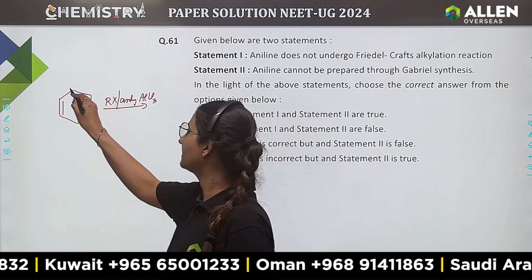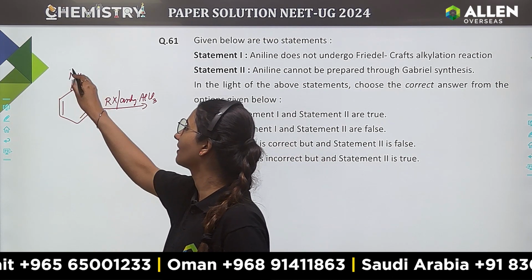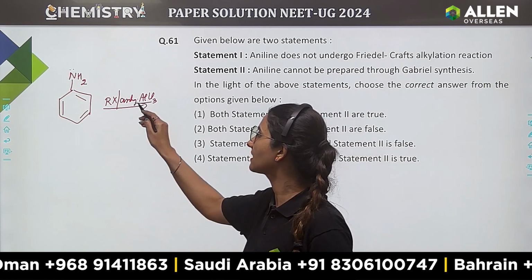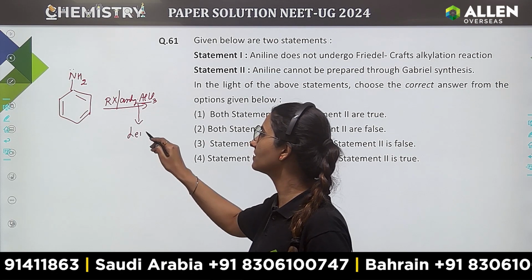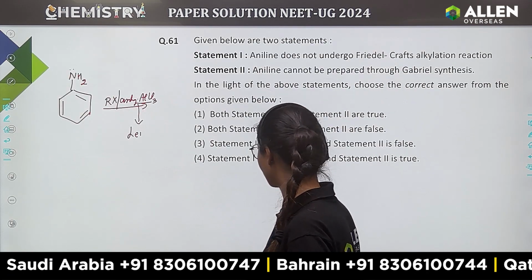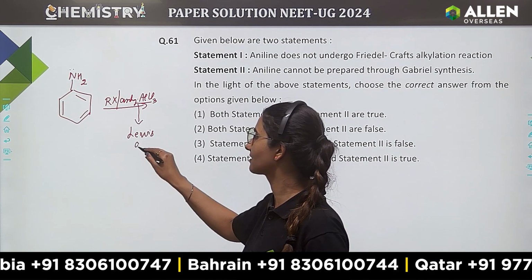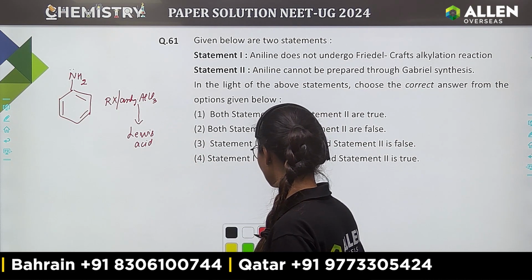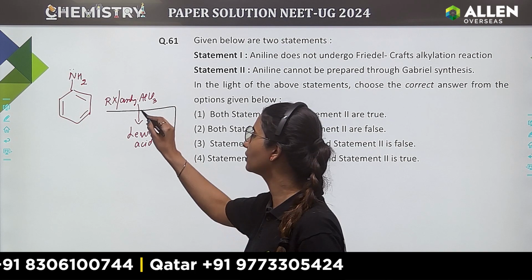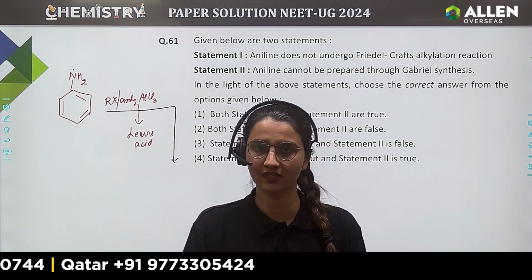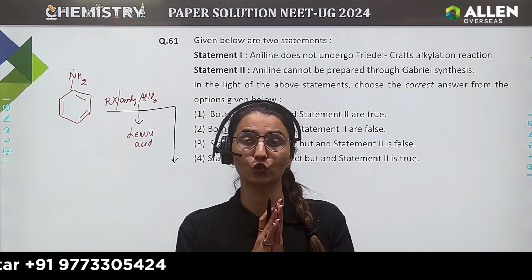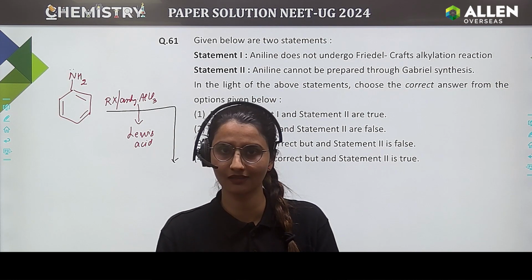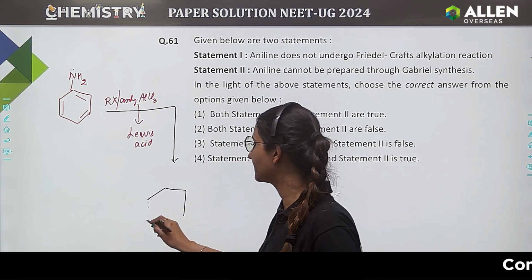Now the problem with aniline, students, is that N is electron rich. And AlCl3 is our Lewis acid, having vacant orbitals. There is a tendency of N to donate its lone pair into the vacant orbitals of Al and form a complex, which deactivates aniline.